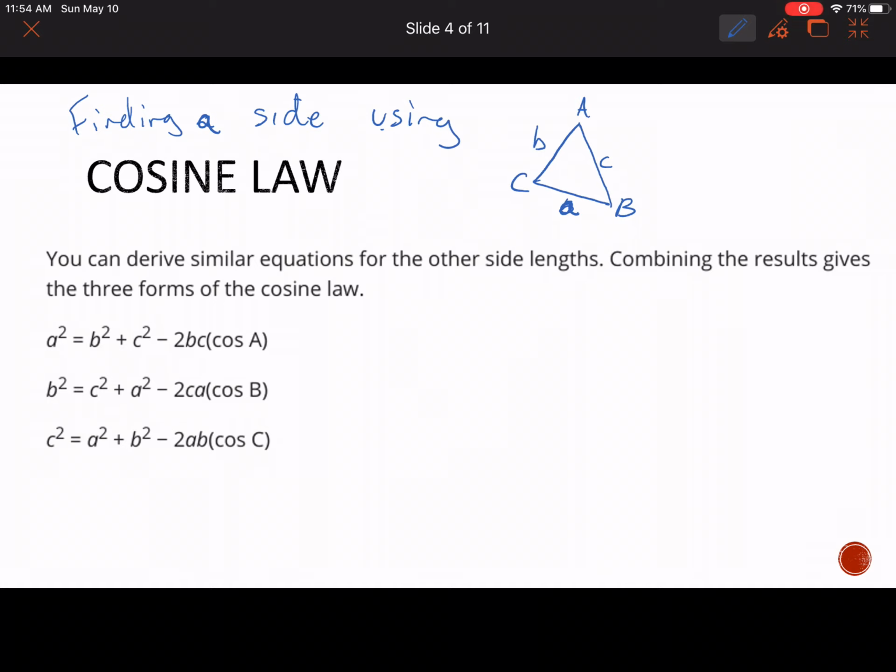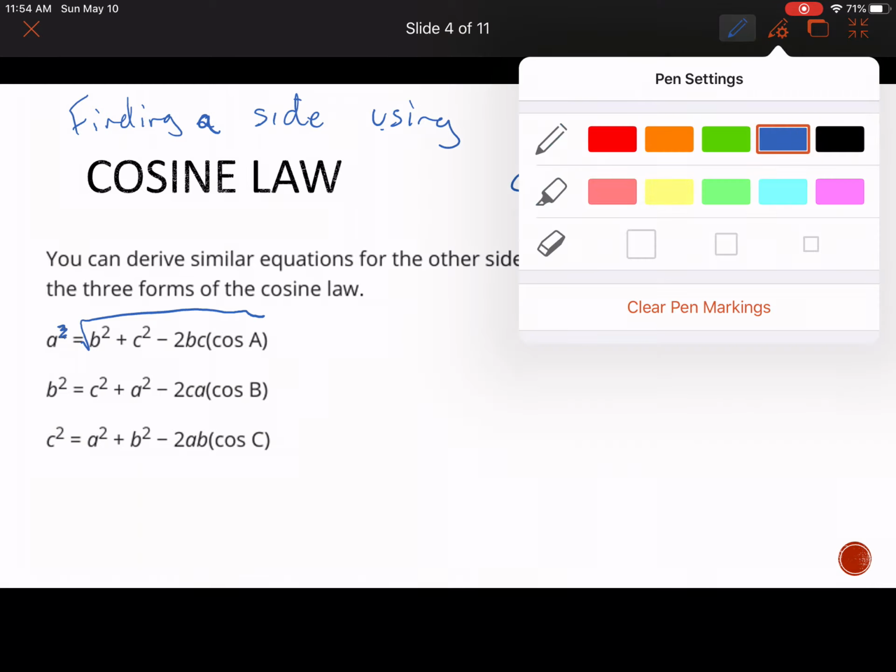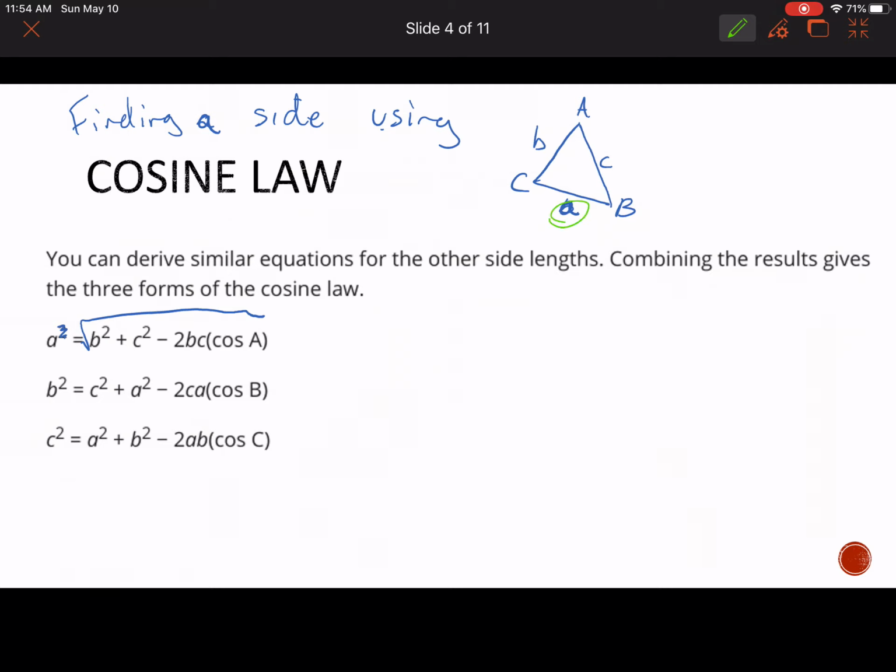So we end up with three different formulas, and really, the real one would be like that, because in order to find what A is, we need to square root both sides of that. So if we want to find A here, it looks more complicated, but it's not really that hard to remember because the opposite two sides are used twice.